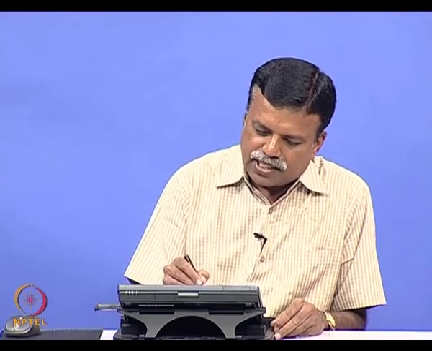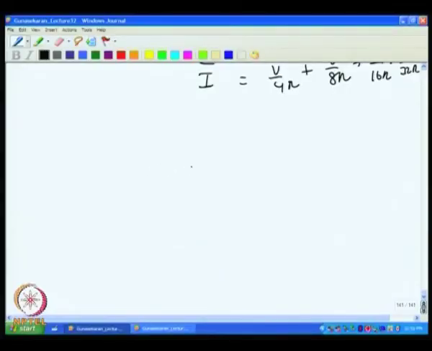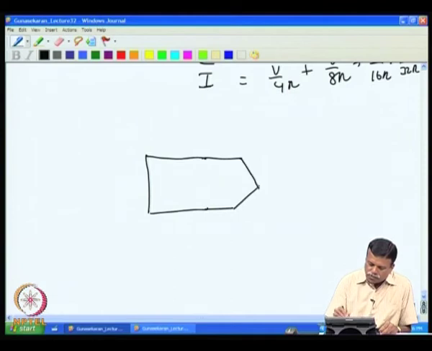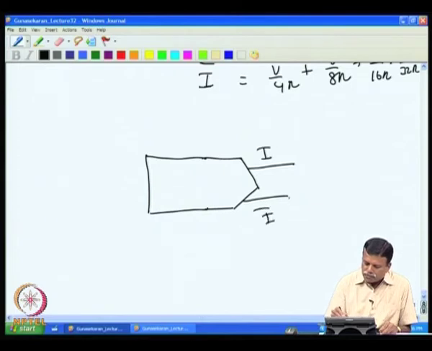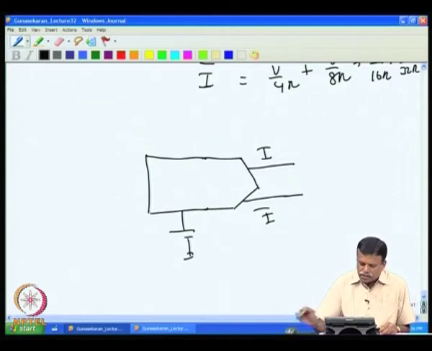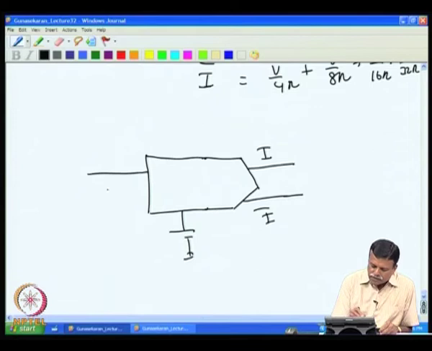Normally DAC converters are shown in the following manner. We have the DAC, and the two output currents I and I bar are given out. The analog input voltage, the reference, is given to this, and the digital word is given as digital inputs, with MSB and then LSB.